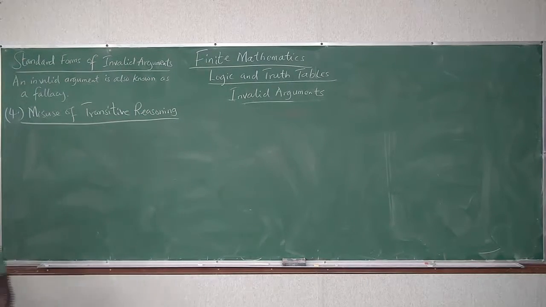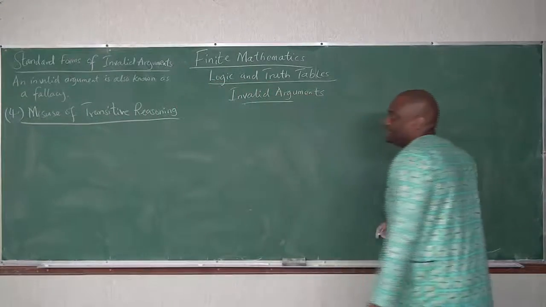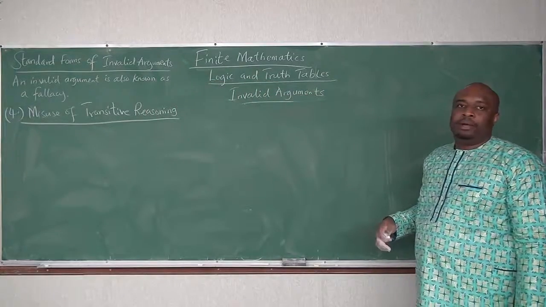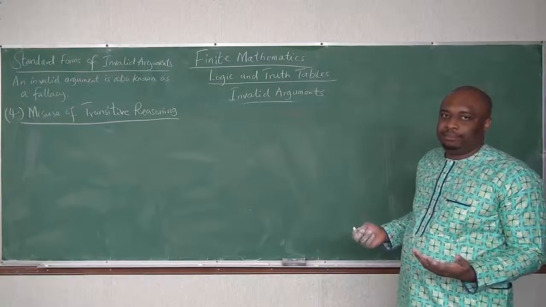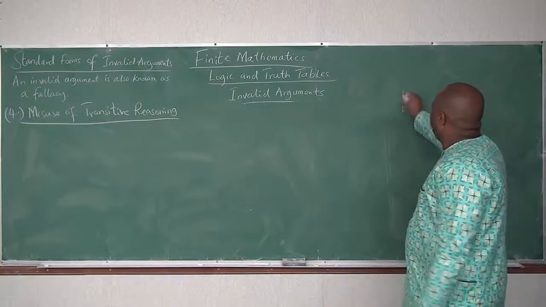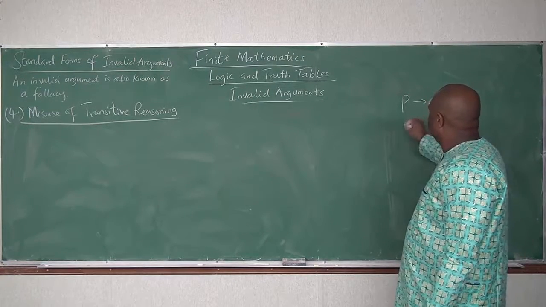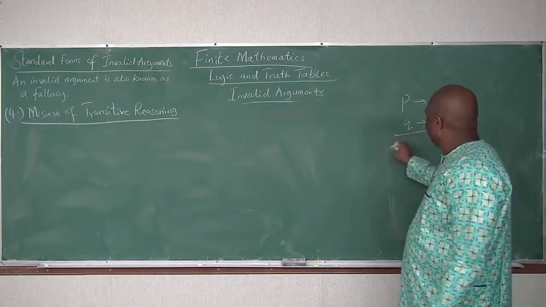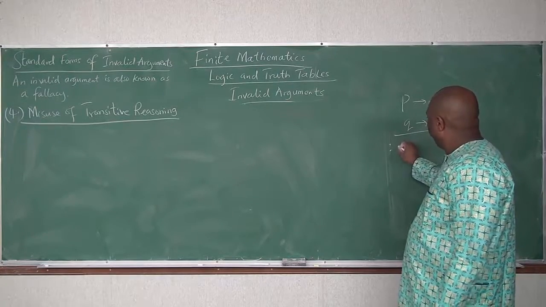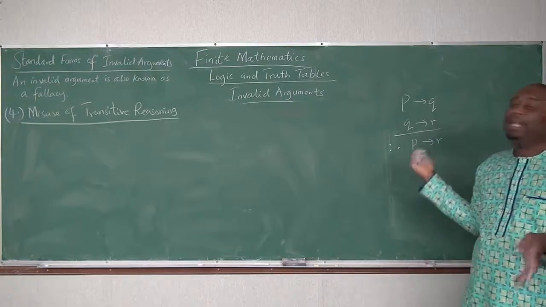So remember, when we did the valid arguments, we said that transitive reasoning, or what you call syllogism, has premise 1, P implies Q, premise 2, Q implies R, therefore P implies R. This is a valid argument.